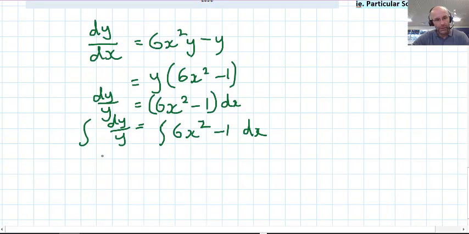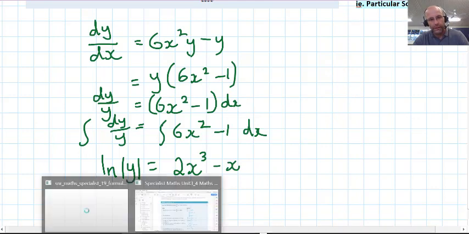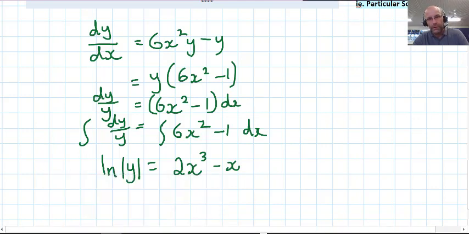So our natural log of absolute y equals 2x cubed, I should say, 2x cubed minus x, plus the constant.